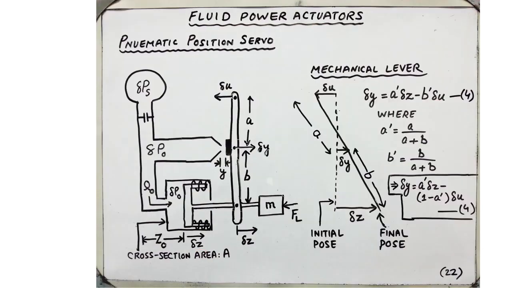All right, as before, we now want to express the feedback displacement variable delta Y in terms of delta U and delta Z, the linear sum of the two input-output displacement variables. As a homework exercise, we're going to utilize the same tool, that is, to overlay the final pose, which makes some angle with respect to its initial pose, a perfectly straight line.